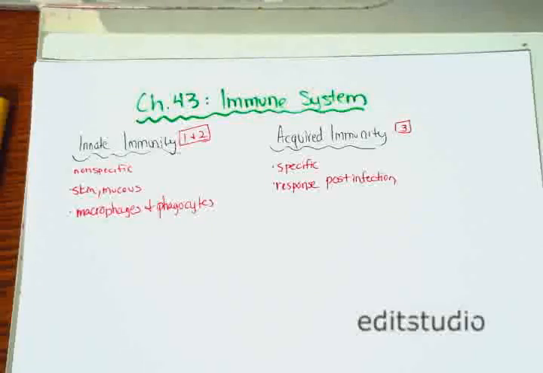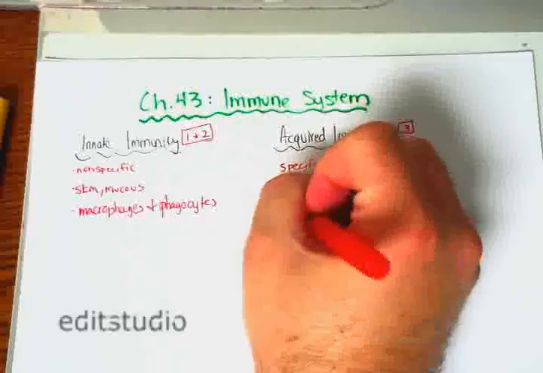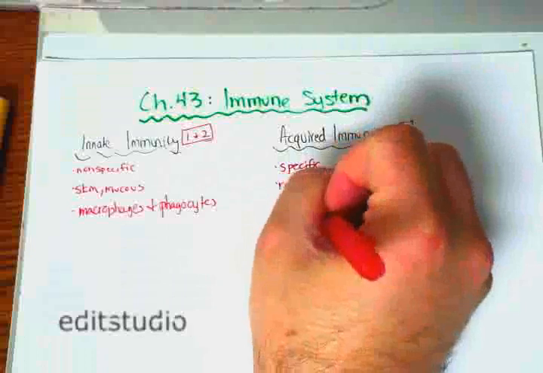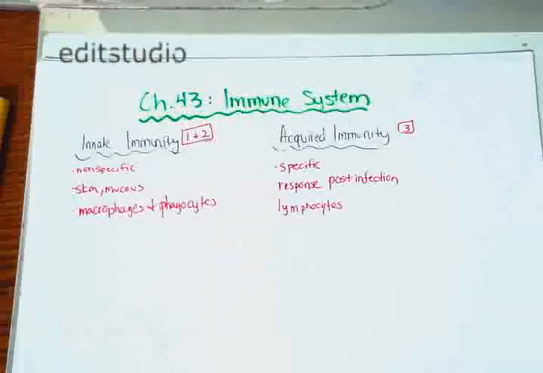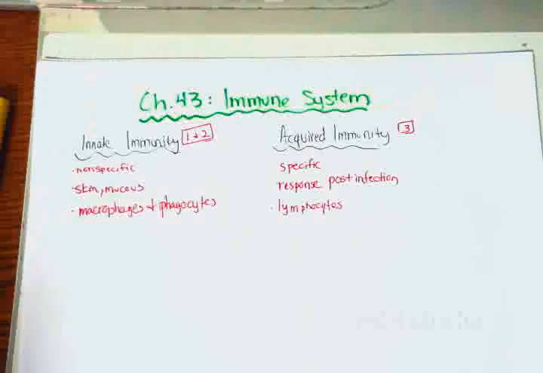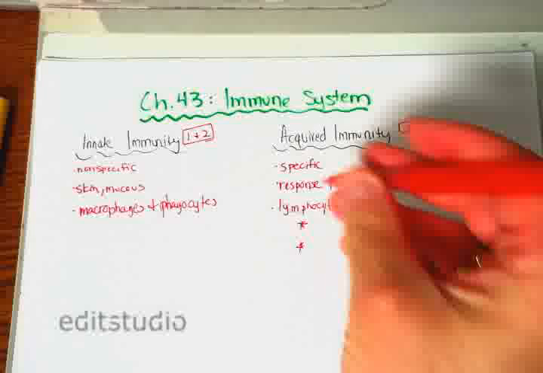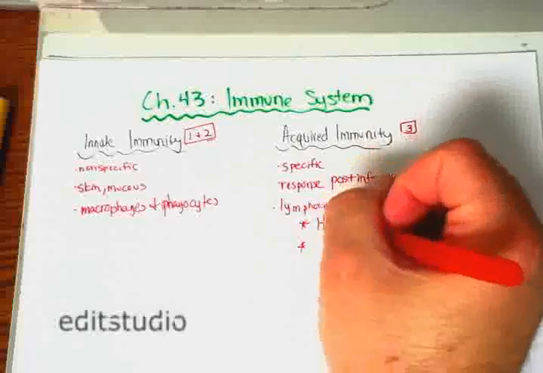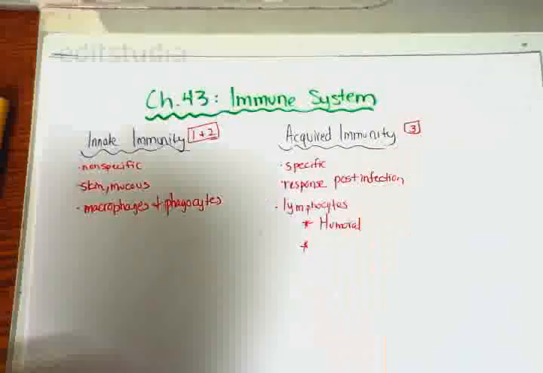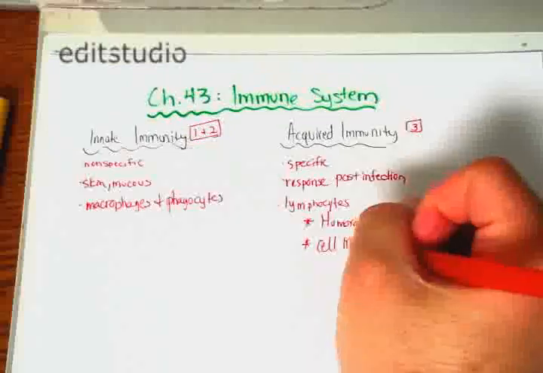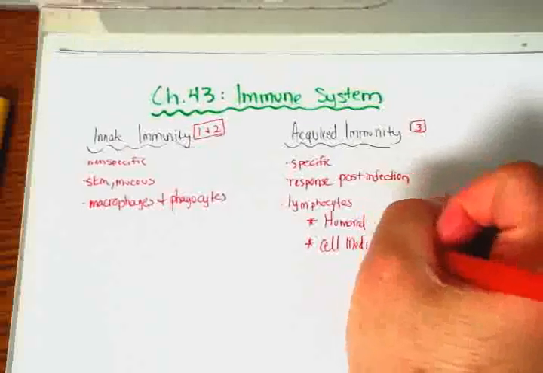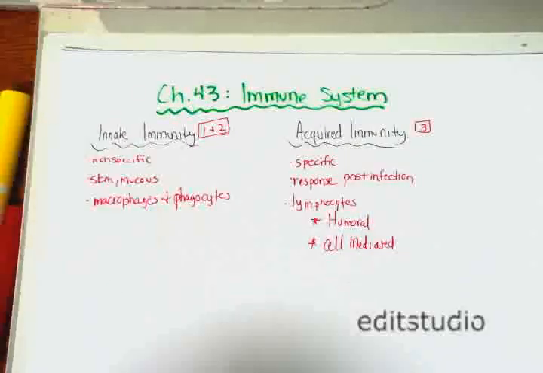Let's talk about what a lymphocyte is. I would say your B's and T's. When we think of lymphocytes forming two systems, I think of a humoral system and a cell-mediated system. When you drop the term humoral, what type of cell are we thinking about, B or T?